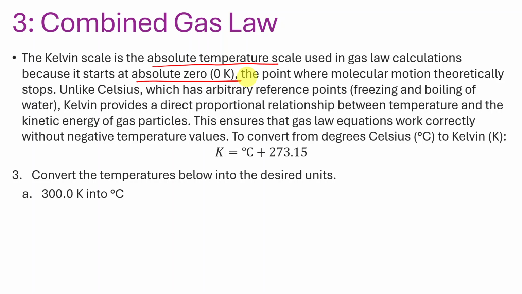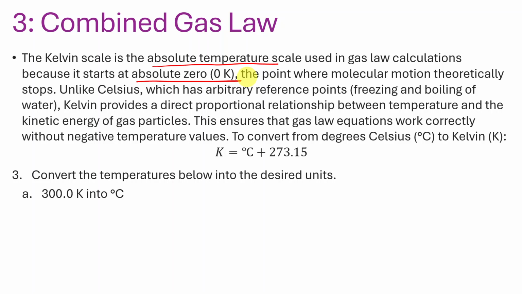So there must be some point at which there is no kinetic energy, and that would correspond to a temperature of 0 Kelvin. Unlike Celsius, which has some arbitrary reference points like freezing and boiling of water, Kelvin uses a direct proportional relationship between temperature and kinetic energy. So this ensures that gas law equations work correctly without getting negative temperature values.